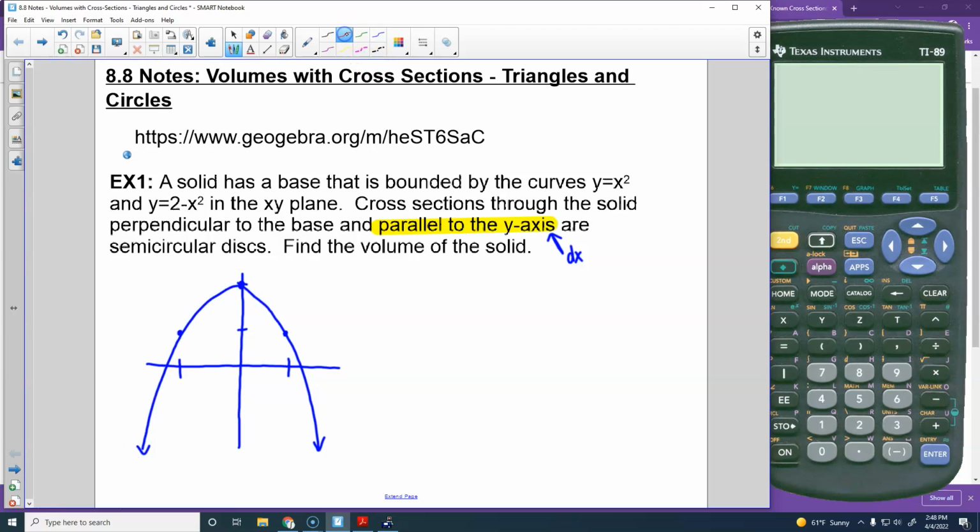If I graph y equals x squared, it will look like this.